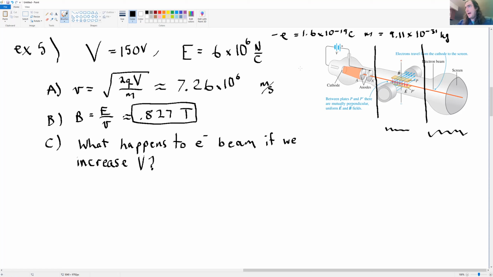If we look at the schematic over here, we can use the right-hand rule to find that the magnetic force will be in the upward direction for a positive charge, but for a negative charge, it will be down. So since we're talking about electrons, the beam will be deflected down. Right?